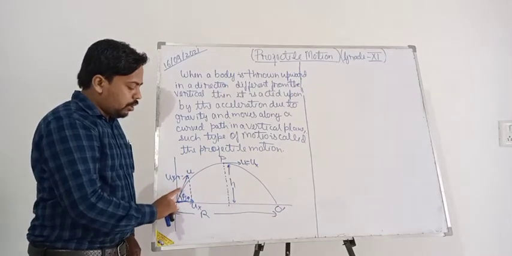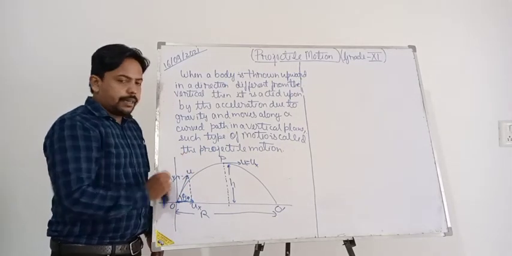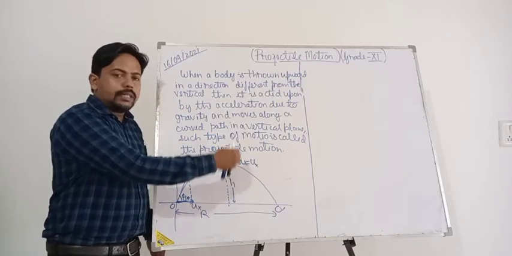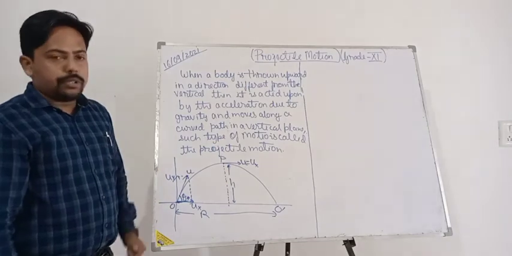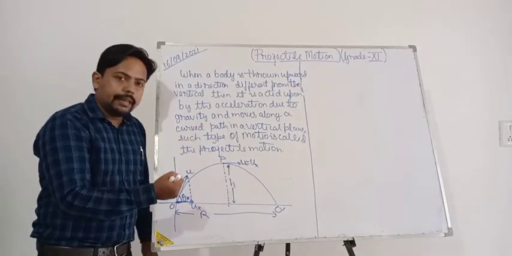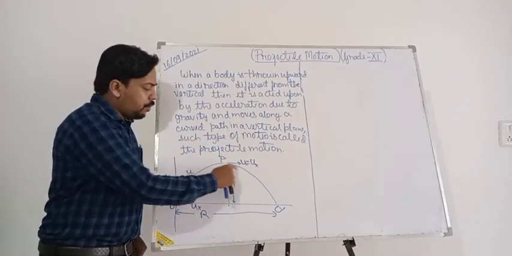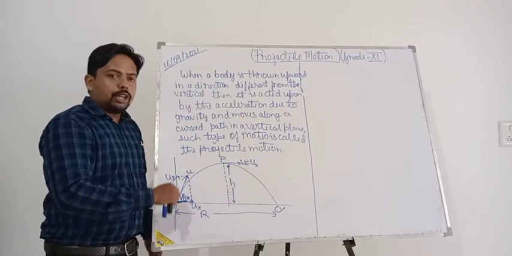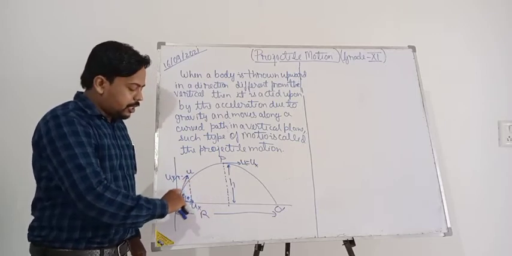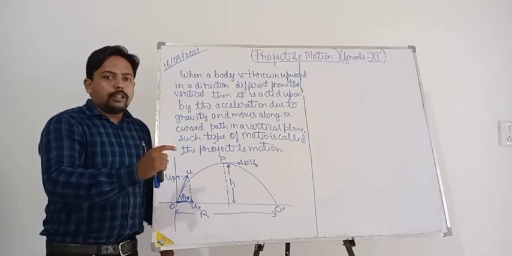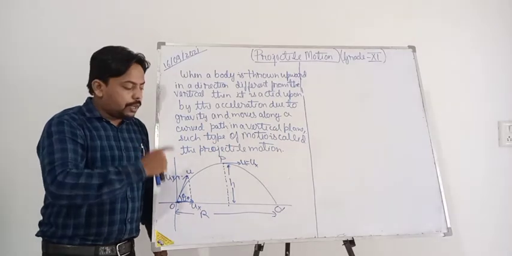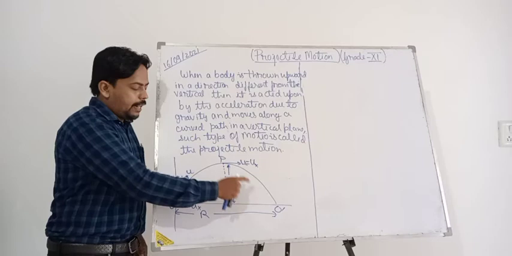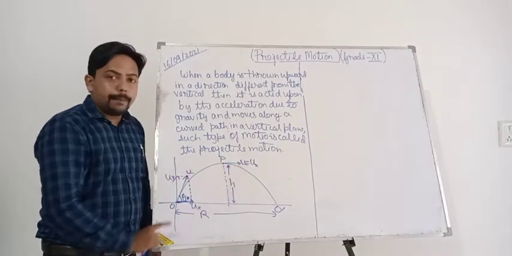Although it has some velocity along the horizontal and vertical direction, it is continuously experiencing the downward force due to gravity, and that's why it follows this parabolic path. We will also study the nature of this path. We will derive the expression for the path of a parabola, and conclude that projectile motion is always in the form of a parabola. It will show a parabolic path.